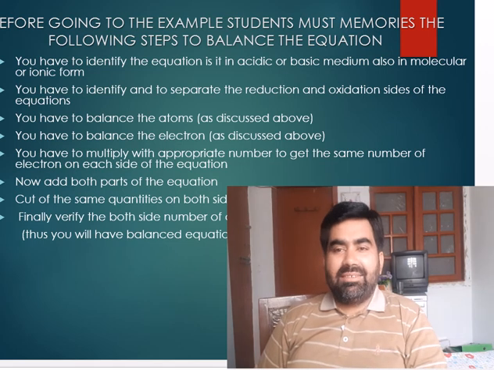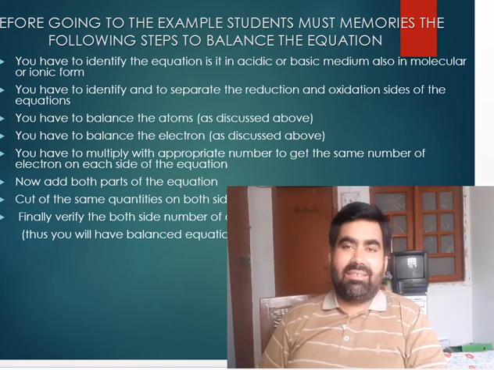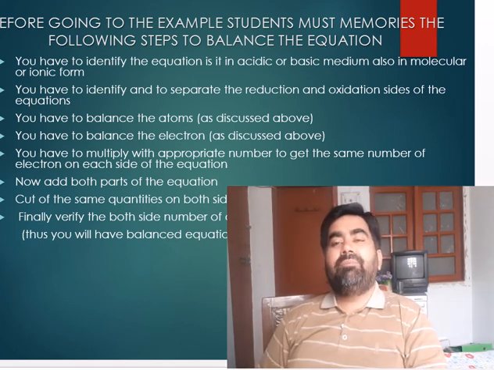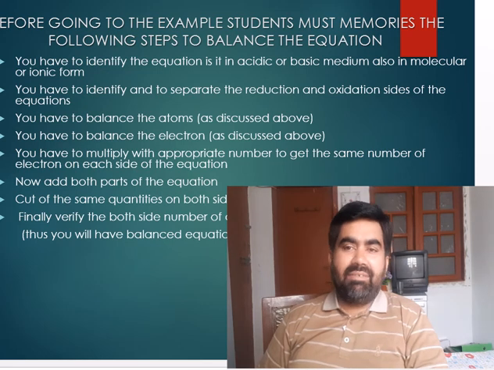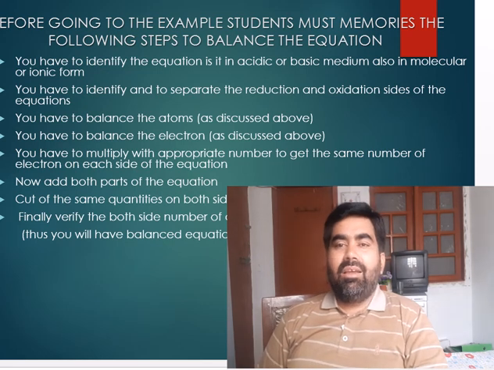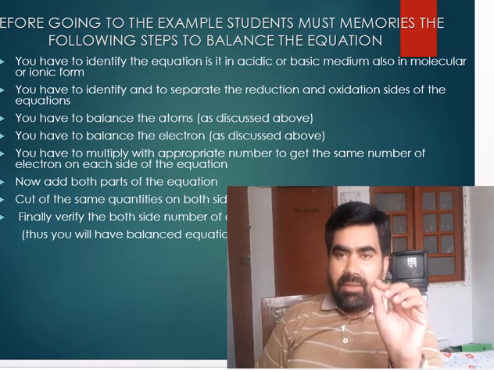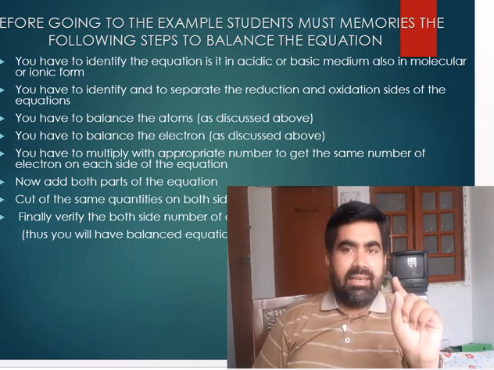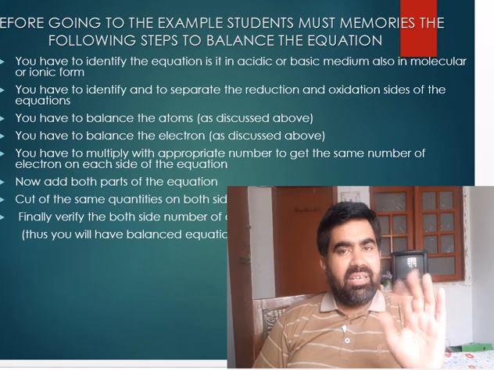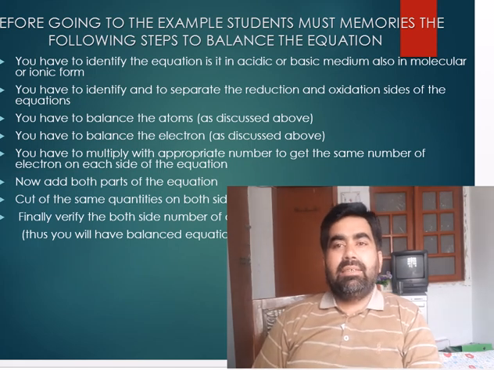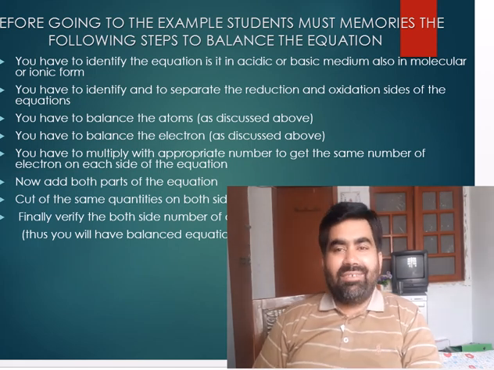You have to balance the atoms as we have discussed earlier. You have to balance the electrons as we have discussed earlier. Now, you have to multiply both sides of the equation with an appropriate number to balance the electrons on each side of the equation.